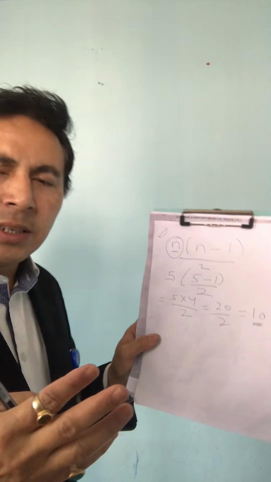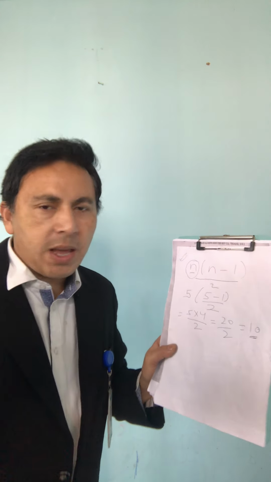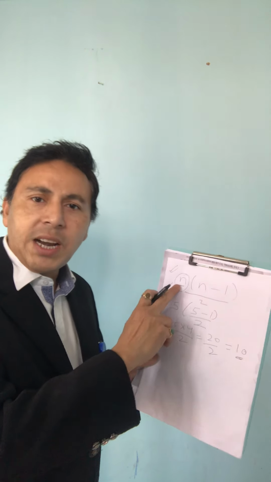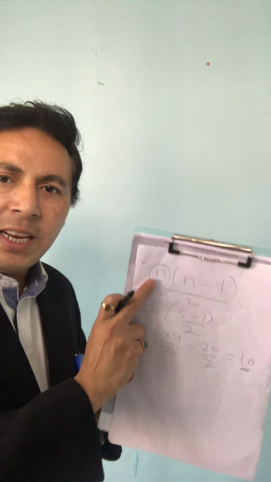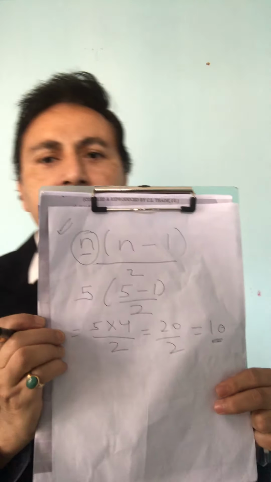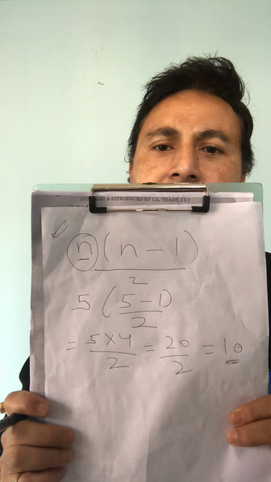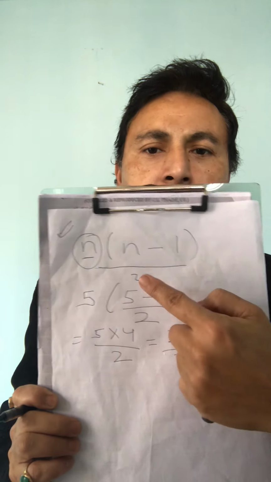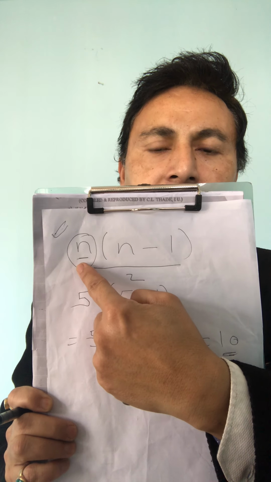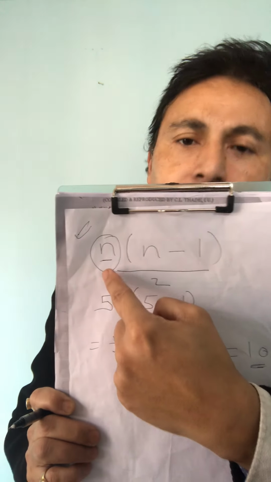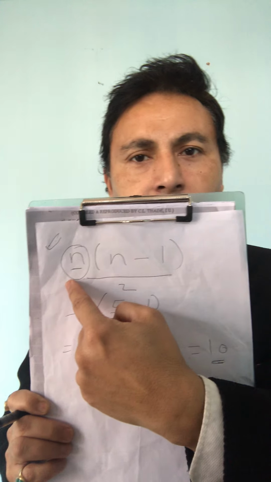In a 1 mark question, the examiner may ask you in the board exam to write down the formula of league tournament. The formula of league tournament, please note it down: n into n minus 1 by 2, where n is the number of teams or players participating in that tournament.